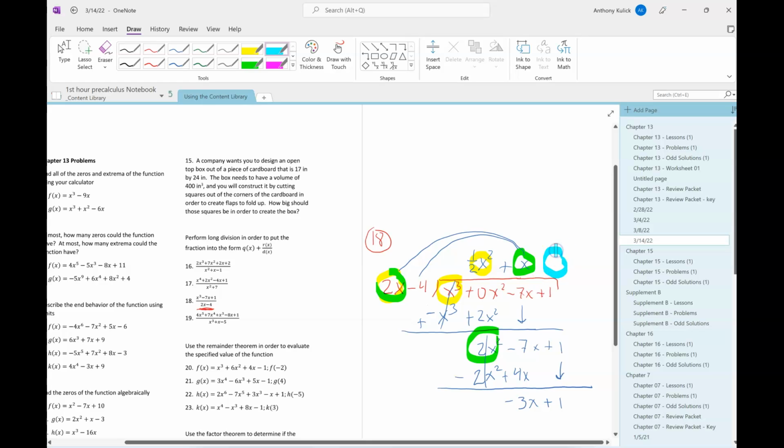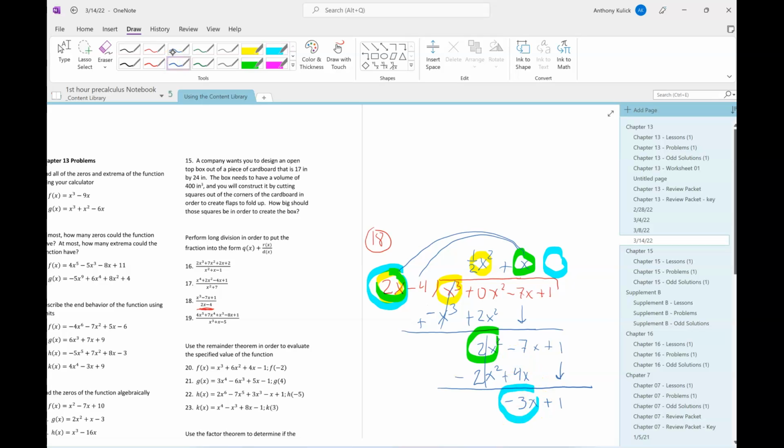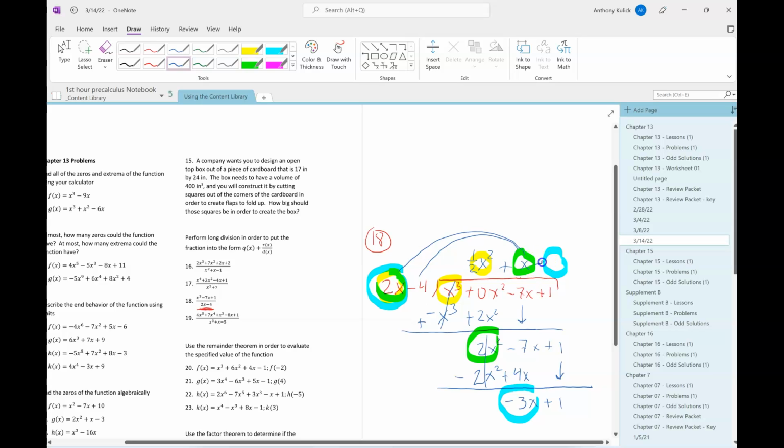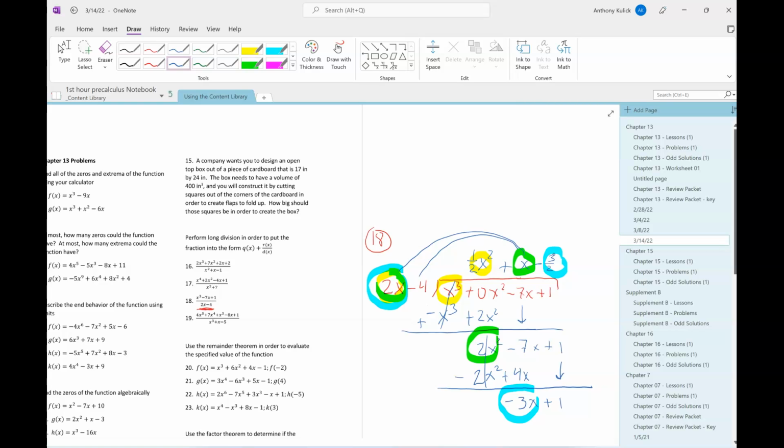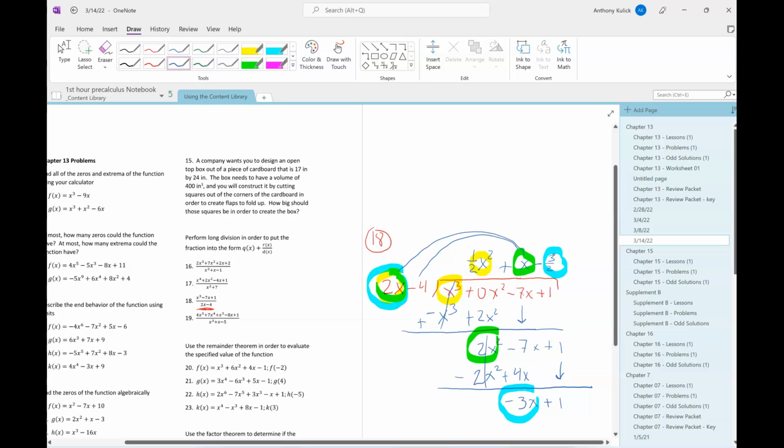We're on to the last step. So we're going to ask ourselves, what times 2x gives us -3x? Well, 3/2, when I multiply that to 2, is going to give me 6/2, which reduces down to 3. So again, distribute that through.